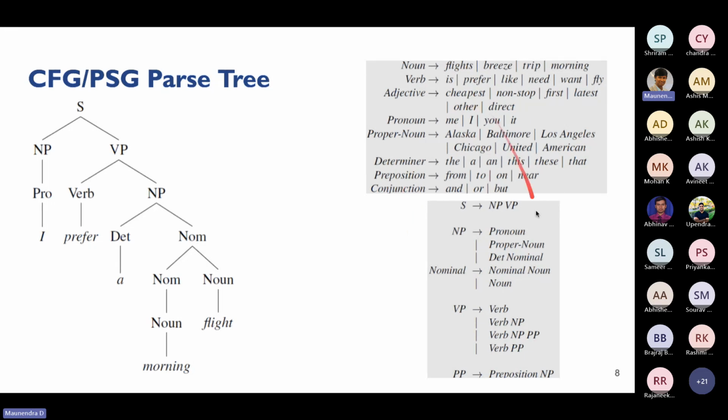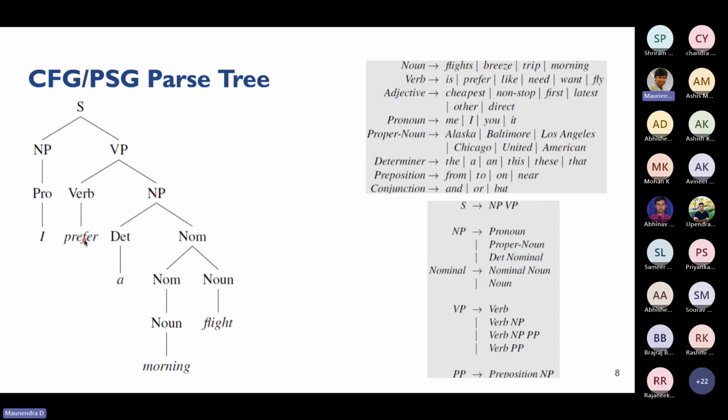Suppose you have this set of rules available with you, and the sentence is I prefer a morning flight. You can see that all the branchings that we have here will come from some rule here. So S to NP VP is there here. Then NP to pronoun and pronoun to I. NP to pronoun is here and pronoun to I is here.